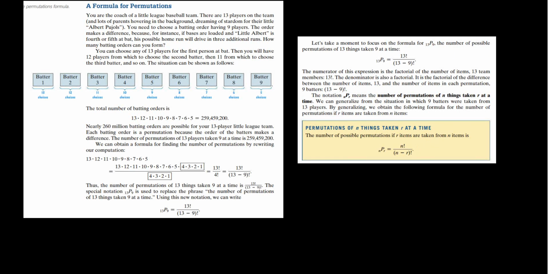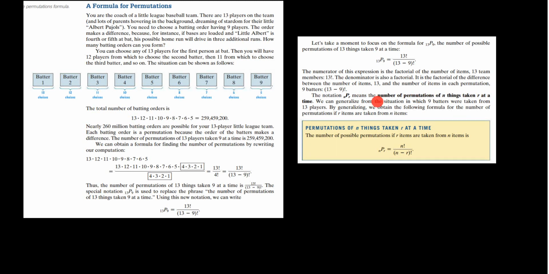Alrighty. So starting with this paragraph right here, we have the notation where we have n and then a capital P and then a little r. What this notation means is the number of permutations of n things taken r at a time.